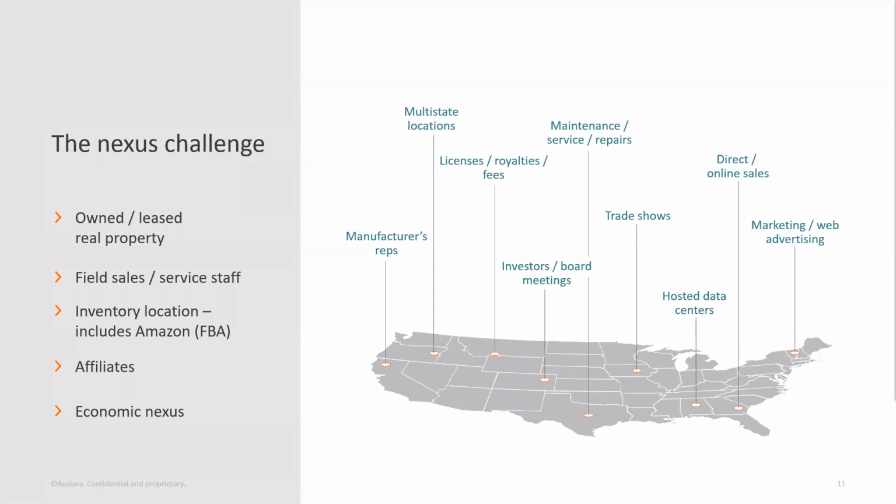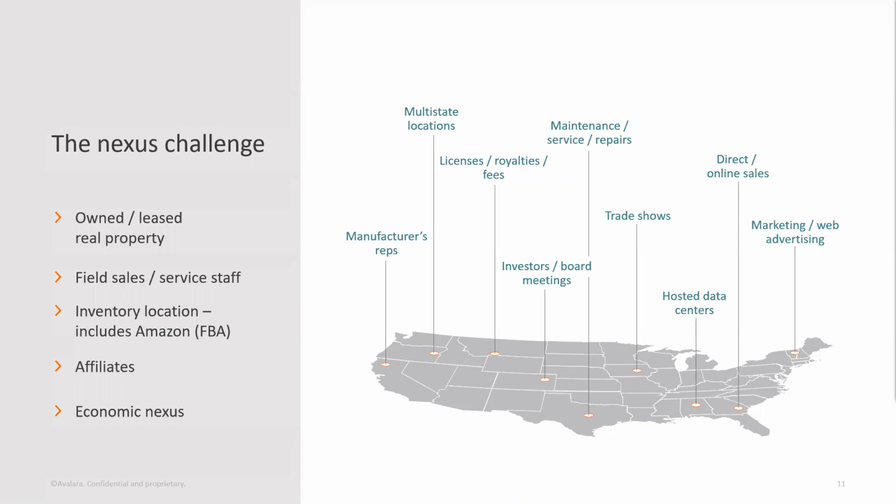The other big thing to look at is if you have sales reps of any kind traveling to any states. These rules are different state to state, but that typically is going to trigger Nexus. If you house goods in a warehouse in a state, that's typically going to trigger Nexus.